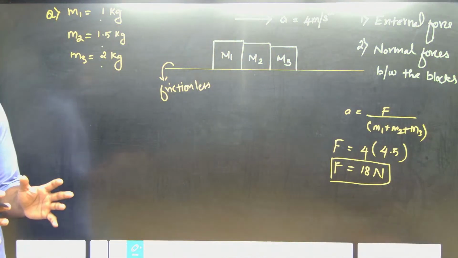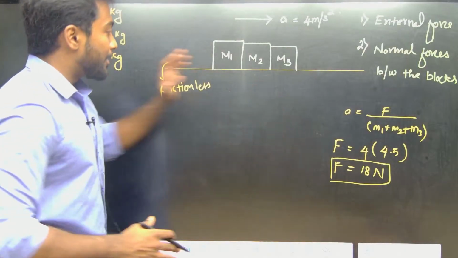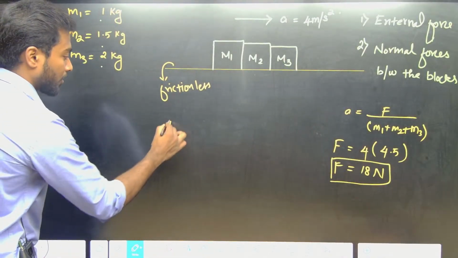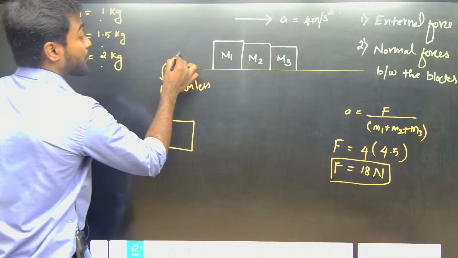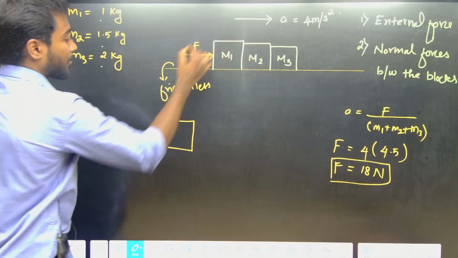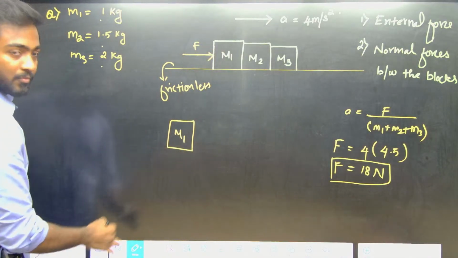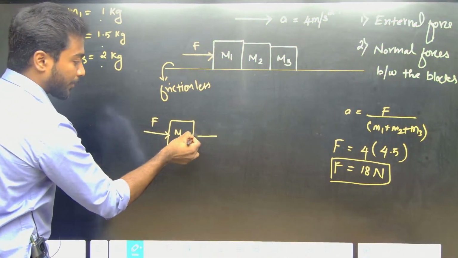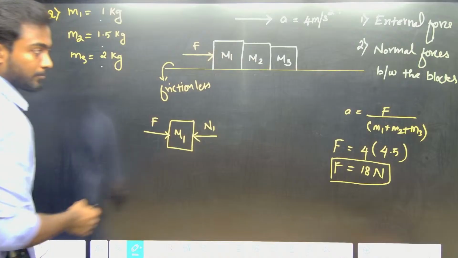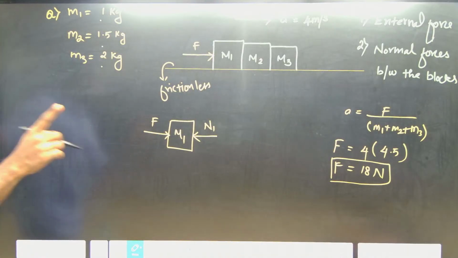Got it? If someone has any doubt here, let me do it here. Suppose the force is acting like this. On M1 there is the external force F, and the normal force N1.